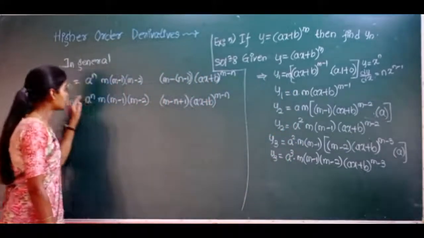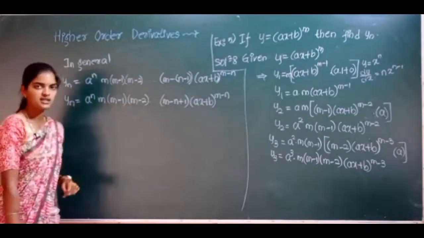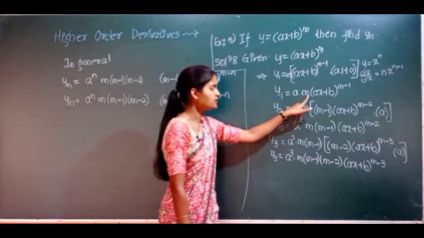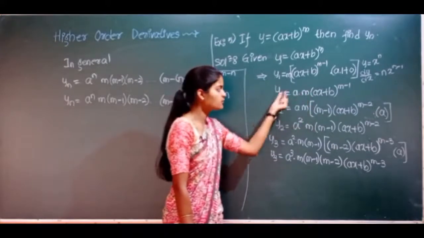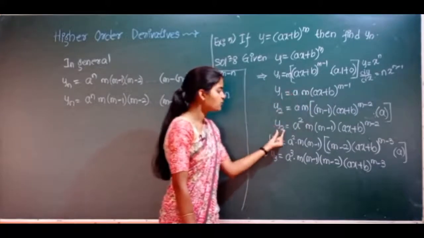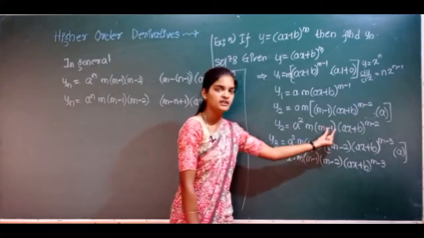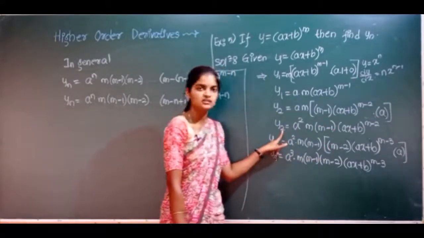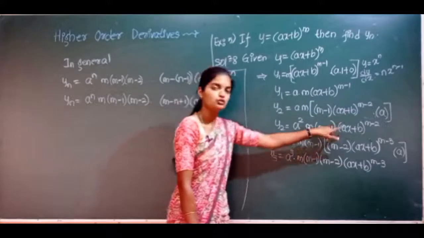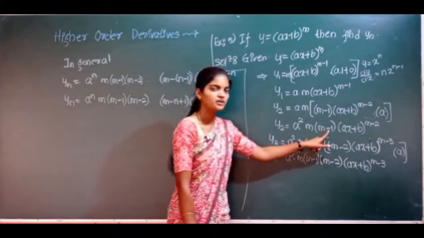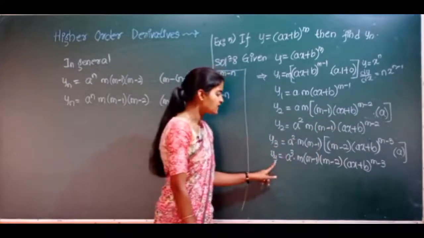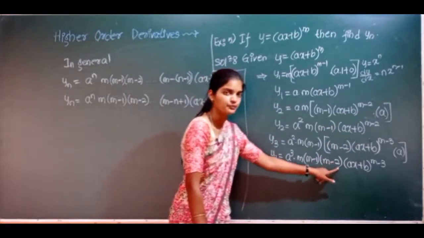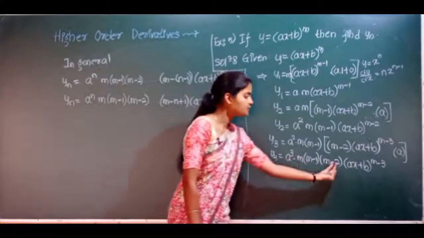Therefore, what comes in yn? The power of a is n. Similarly, this m term: only in y1 it is m, in y2 m into m minus 1, and how do we get this minus 1 term, 2 minus 1, that is m minus 2 minus 1, which is nothing but minus 1. Next, in y3 m into m minus 1 into m minus 2, that means when it is 3, we get this term up to 2.